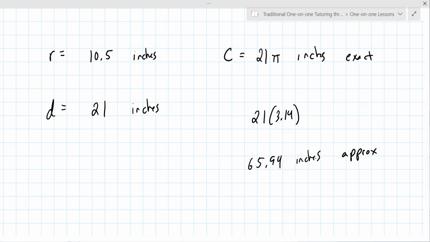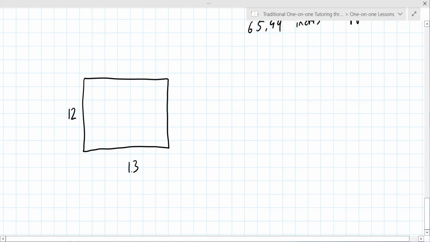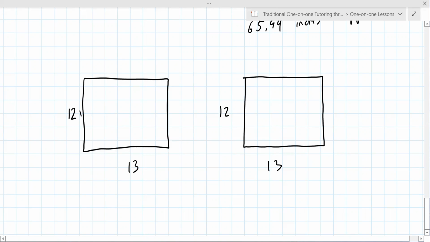You're about to move into a new home at some point. Let's just say you found out that your room is 12 by 13. But what you don't know is, do they mean 12 inches by 13 inches?